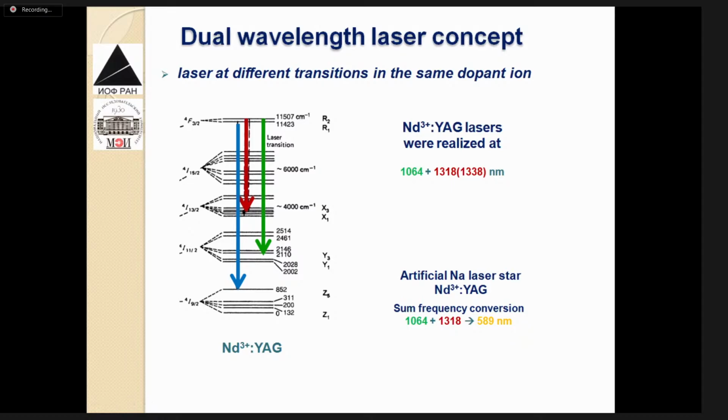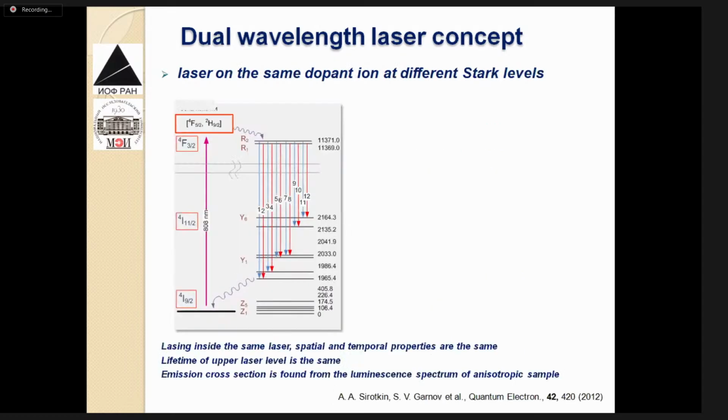But in all these cases, for the best conversion efficiency, it is necessary to obtain simultaneous radiation, if it is pulsed, and in the same direction. So it should have good spatial and temporal overlapping.